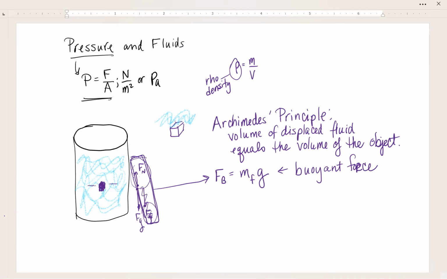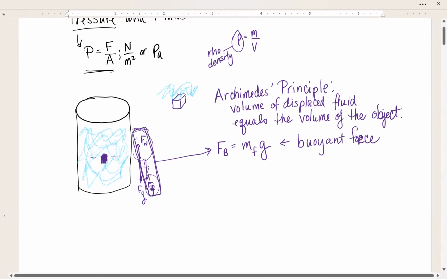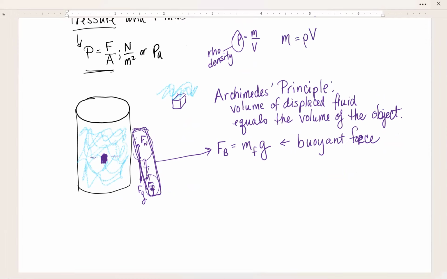So our buoyant force is the mass of the fluid. Well, the mass of anything is given as the density times the volume. And V here is volume. I'm trying to make it a capital V, not any of that cursive V. Density times volume is equal to the mass.